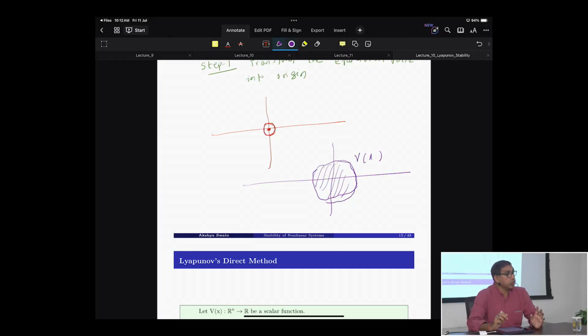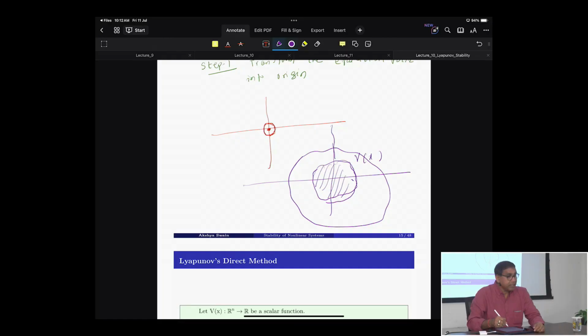Okay. So what happens when students do the research? They will say, I have got a system, I took this Lyapunov function, then I found the system is stable. Then another student will say, the same system, I took this Lyapunov function, this system is stable.